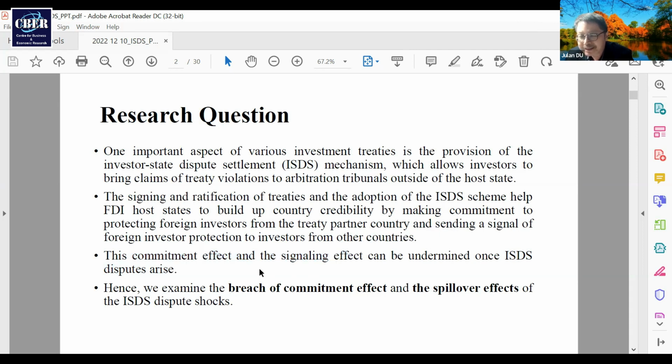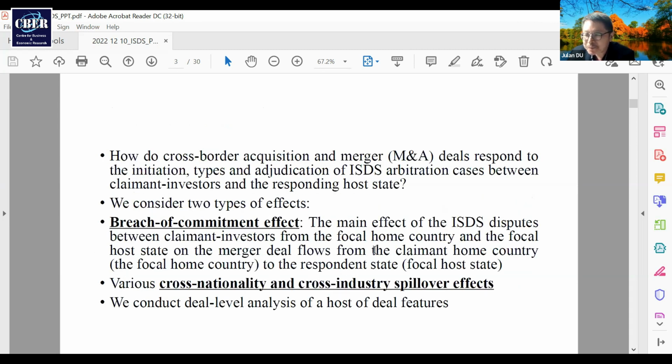We therefore examine these two types of effects. So we consider two types of effects. One is the main effect between the claimant home country and the respondent state. We call them the focal home country and the focal host state.